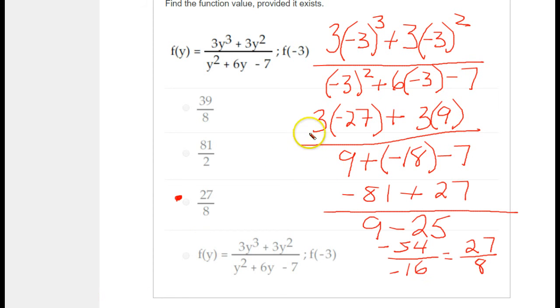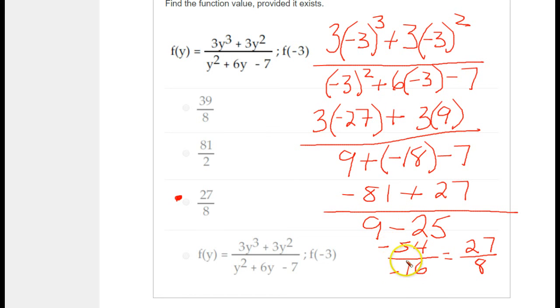So to save time, I multiplied this, got a -81. This gives me a +27. I added these together and got a -25. Then I subtracted this, and this was going to be a -54. Subtracted this, in a sense, got a -16.